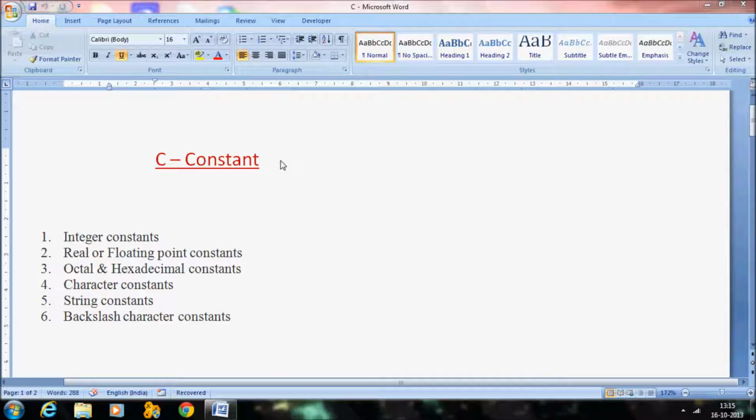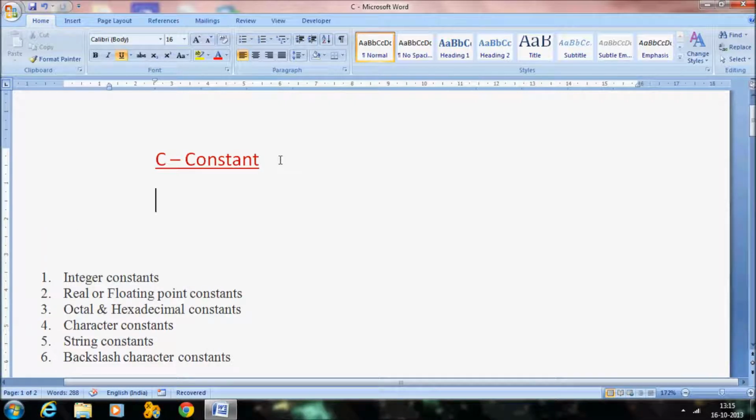Before that, I want to explain to you the syntax of C constant. The syntax is as follows. It uses the keyword const, followed by the data type, followed by the variable name, and ended with a semicolon.